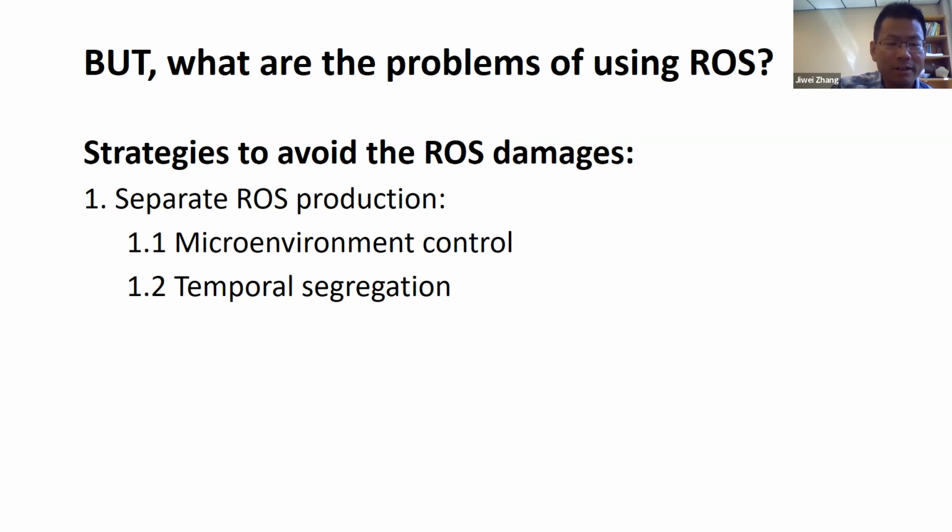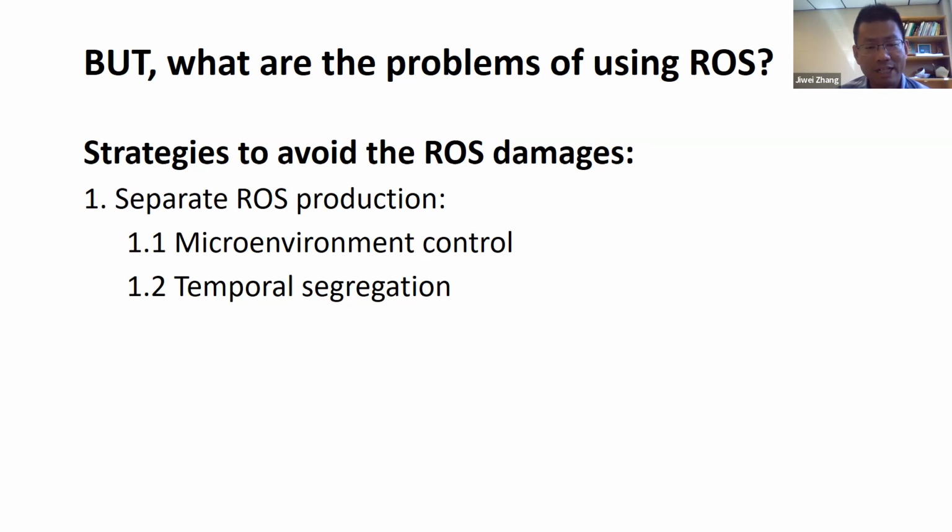And first, you would think you want to separate these ROS productions at a distance from the fungal cells and fungal enzymes. Basically, there are two hypotheses. One is you can change the macro environment surrounding the cell.